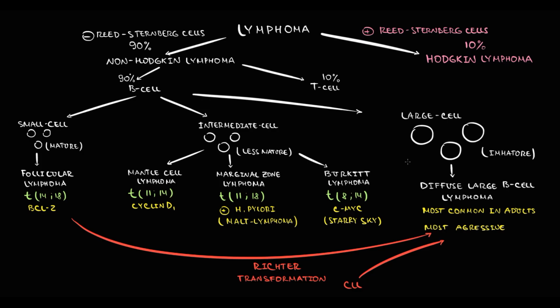That transformation from chronic lymphocytic leukemia into diffuse large B-cell lymphoma is Richter transformation, and it carries a very poor prognosis because you now have an aggressive large-cell lymphoma arising in a patient whose bone marrow was already compromised by chronic lymphocytic leukemia.